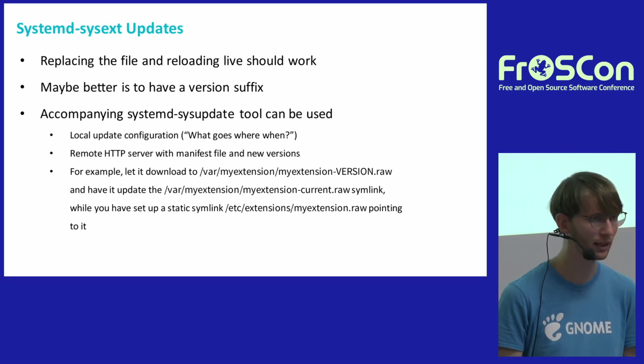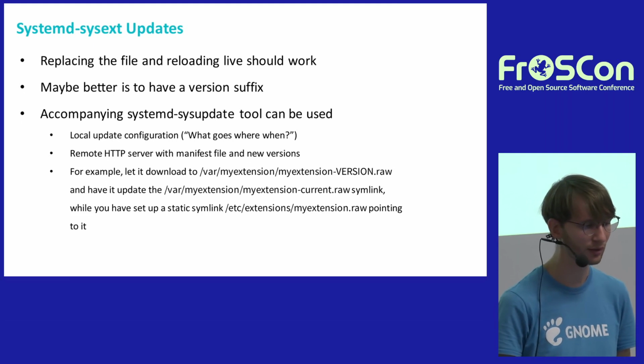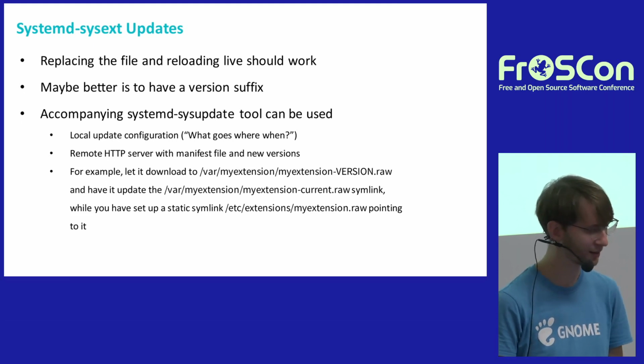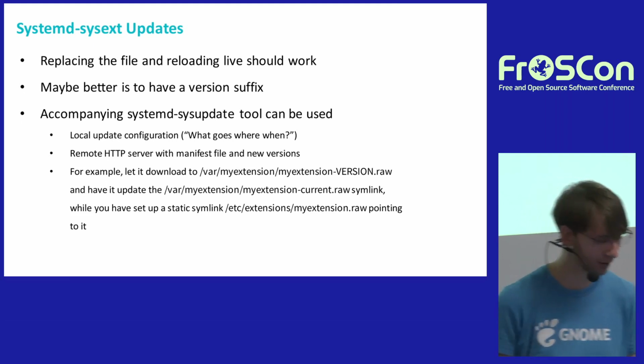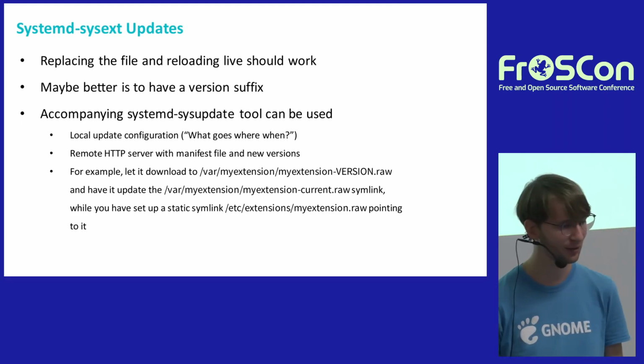You can do so by having a symlink that is the name of the sysext, and then the symlink points to the file with the version suffix that should be the current version. Yeah, there's a fix done, so that's not backported yet and not released, so maybe the next systemd version is a bit better for that.